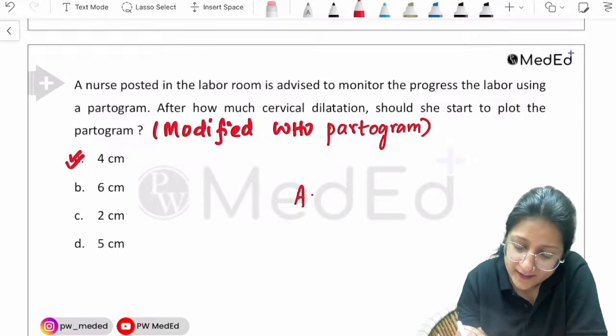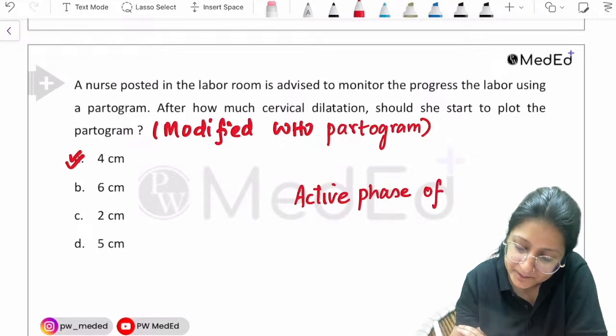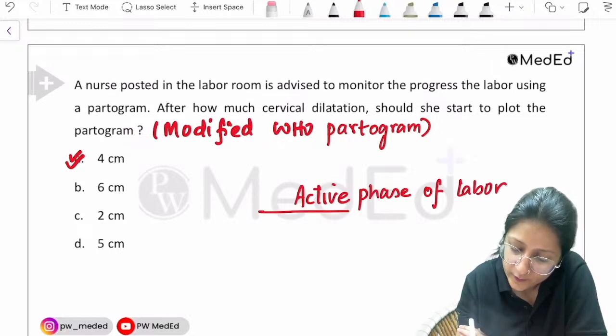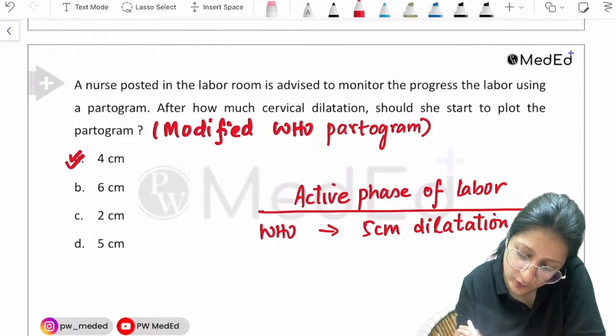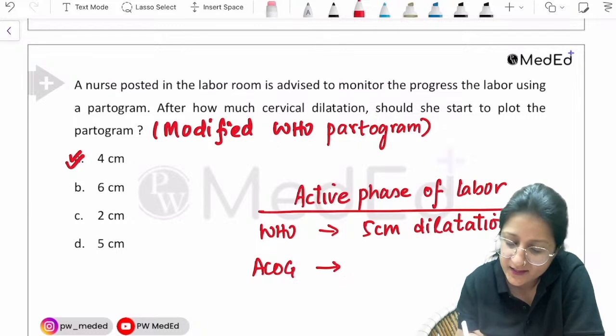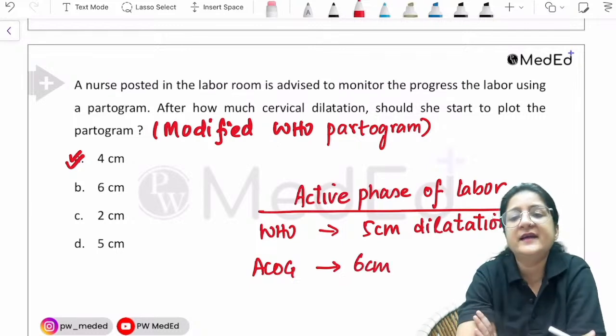But if they ask you active phase of labor, please remember, according to the WHO latest recommendation, it is 5 centimeter dilatation. And from the American guidelines on which all our standard textbooks are based, they say 6 centimeter dilatation.